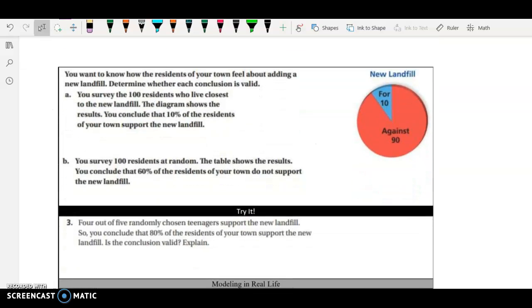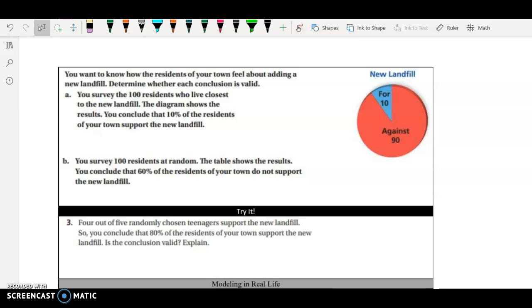All right, so you want to know how the residents of your town feel about adding a new landfill. Determine whether it is valid. So if it's valid, it's random and it's not biased. So you survey 100 residents who live closest to the landfill. The diagram shows the results. You conclude that 10% of the residents in your town support the new landfill.